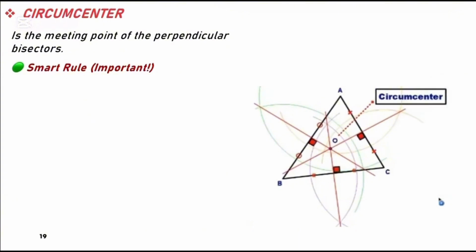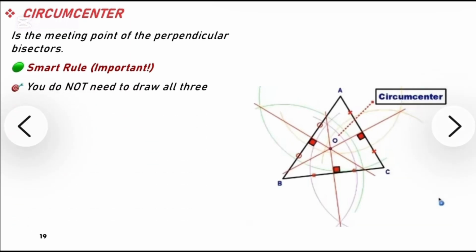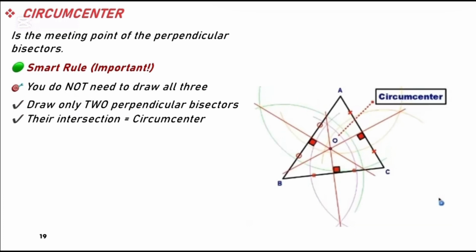Okay? So let me ask Layan. Is the circumcenter inside the triangle or outside the triangle? Excellent. So the circumcenter is inside the triangle. And we don't need to draw all 3 perpendicular bisectors to find the circumcenter.